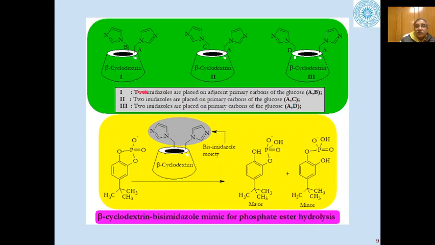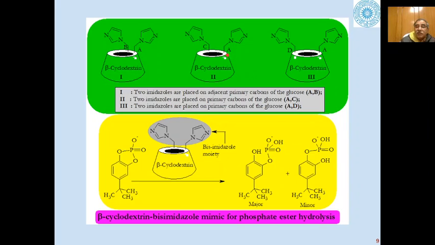So one is when two imidazoles are placed on adjacent primary carbons of the glucose, that is A and B, of beta cyclodextrin. One complex is formed like this.